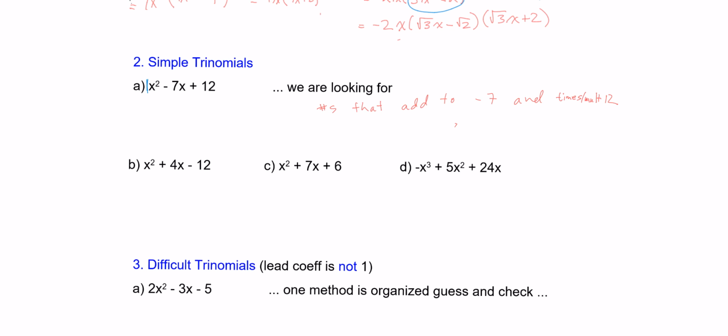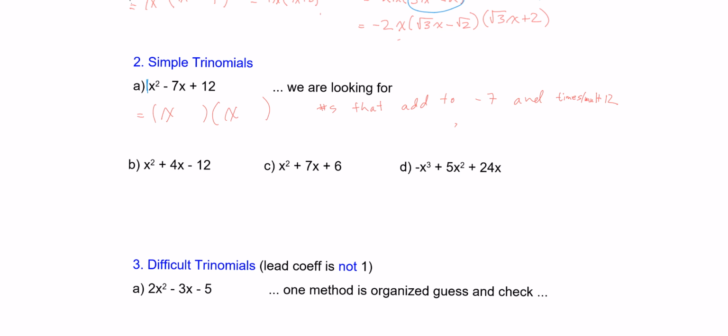So two numbers that multiply to 12 and add to negative 7. It's going to look something like this, but we don't know what goes in here.